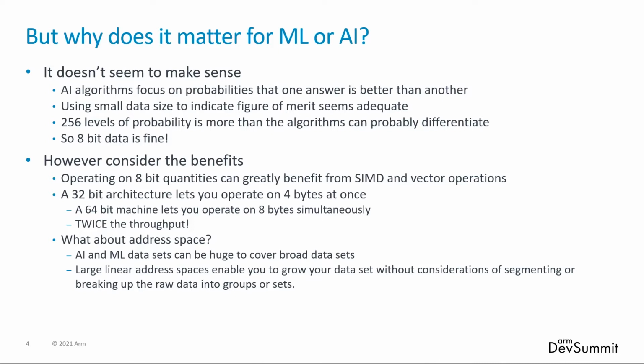So looking specifically at machine learning and artificial intelligence, what's to be gained? On the one hand, most AI and ML algorithms use relatively small data to represent probabilities. Even an 8-bit value can give you a resolution of 0.5% when comparing the probabilities of one solution outweighing another.